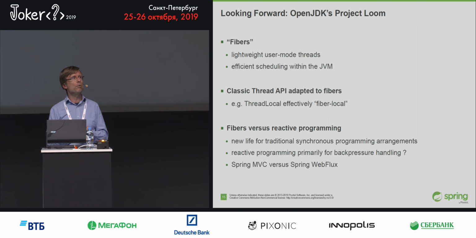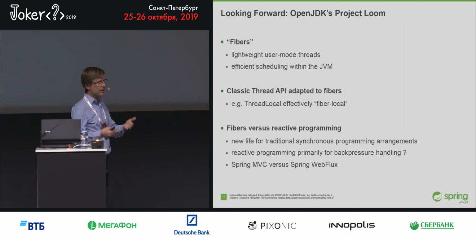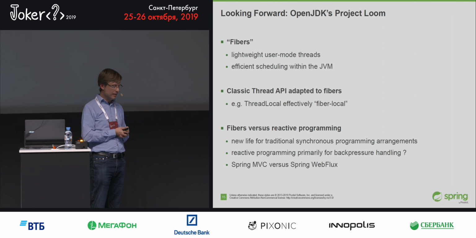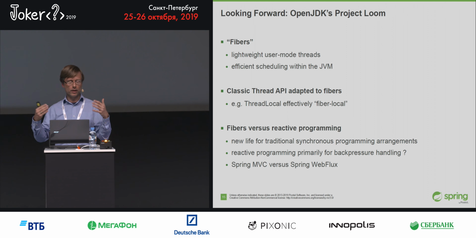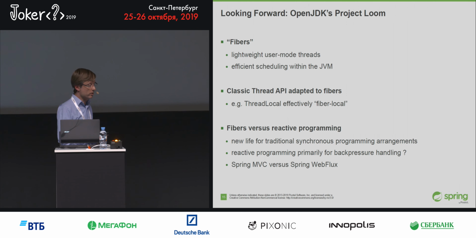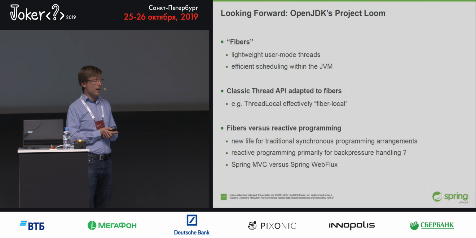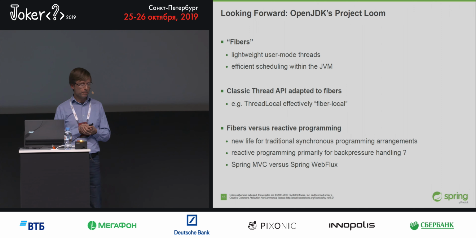For many purposes, they're going to be a transparent benefit just by upgrading to an OpenJDK version that has the lightweight thread model built in and configuring the thread mode, the execution mode for threads accordingly. An existing Spring MVC-based application might immediately benefit from it without any further changes.